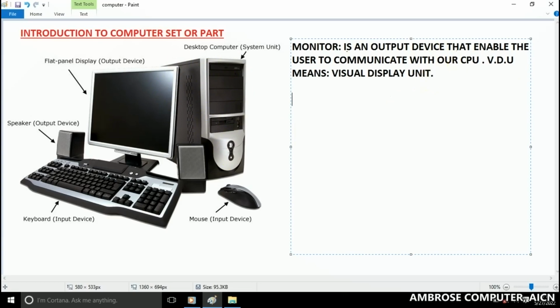So let's see the function of the monitor. Let's take it one after the other.